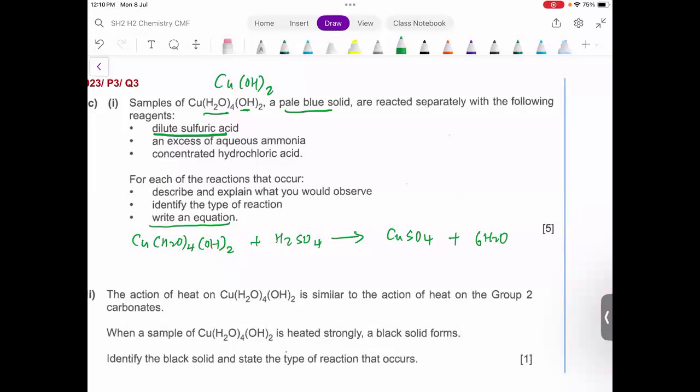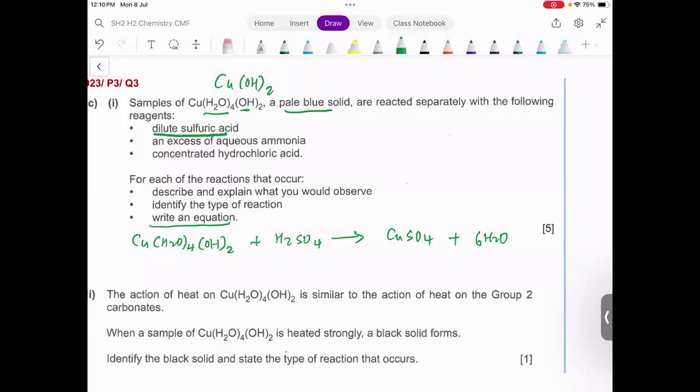Then what will be the observation? Please take note, this is not a blue PPT. If your idea here is a blue PPT dissolving to form a blue solution, wrong. It's a blue solid. You only describe PPT when two solutions are added together and you get a solid form. That is called PPT, precipitation process. But this is already there.